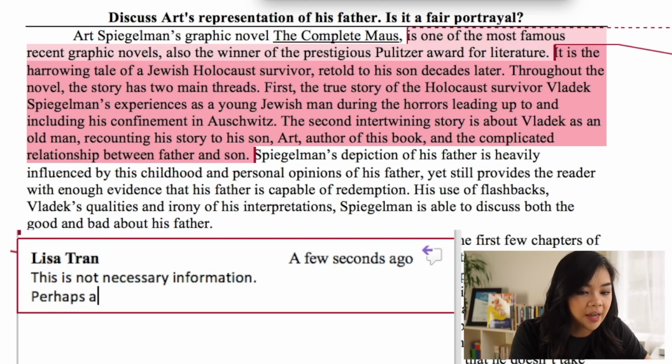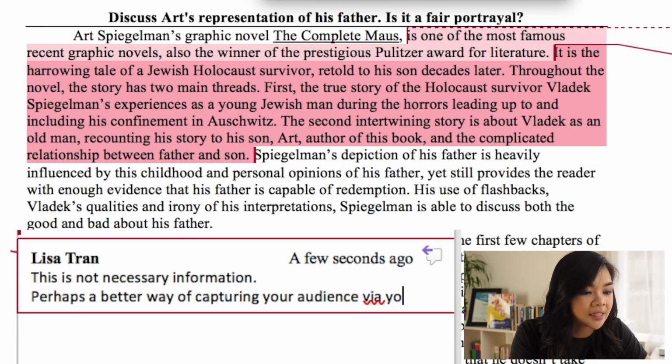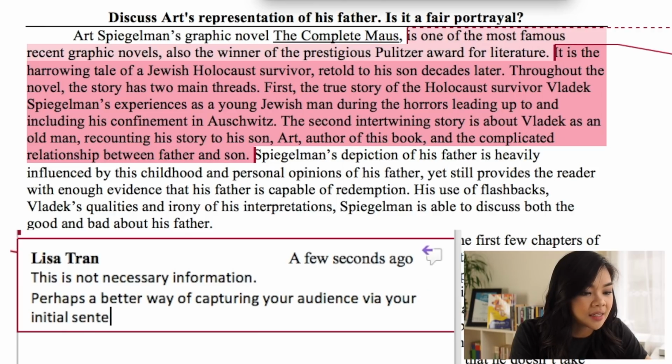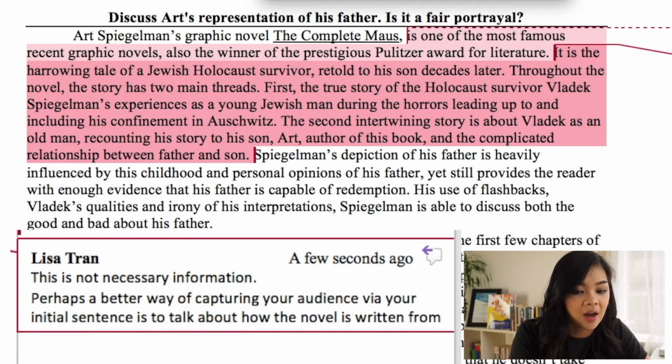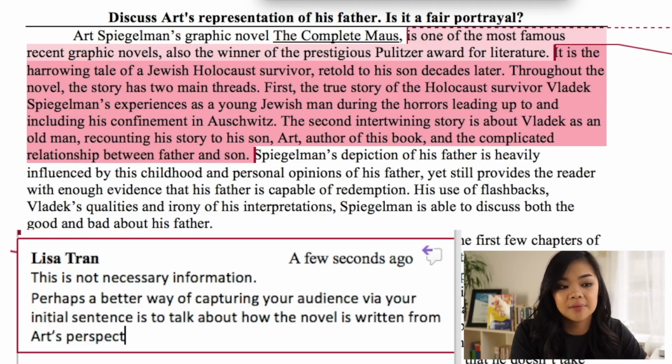Perhaps a better way of capturing your audience via your initial sentence is to talk about how the novel is written from Art's perspective.